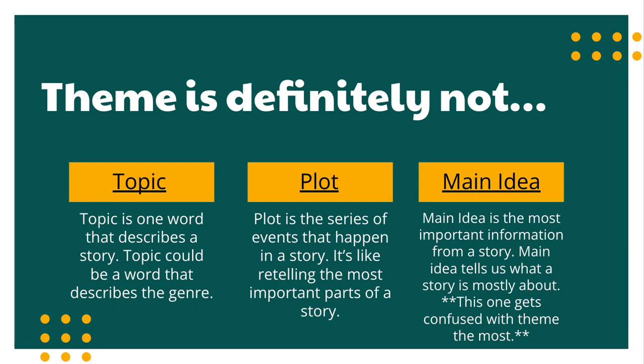A theme is not what the topic of the story is. Another thing theme is not is the plot. The plot is the series of events that happens in a story. It's kind of like retelling the most important parts of the story. It would be like saying this happens, then this happens, then this happens. That is not a theme. That's not the lesson we learn.